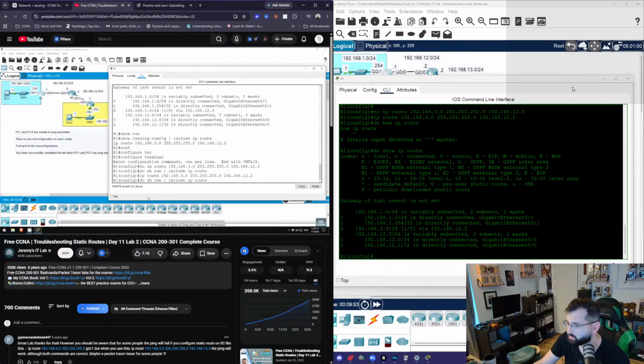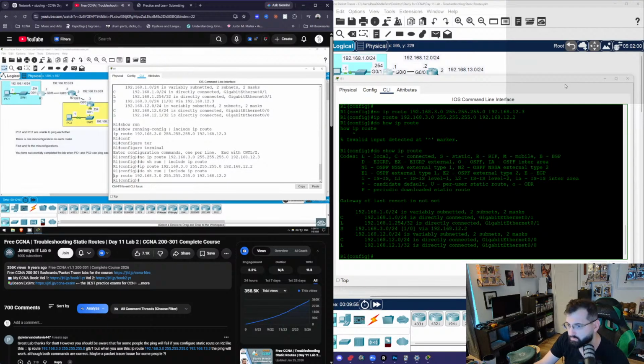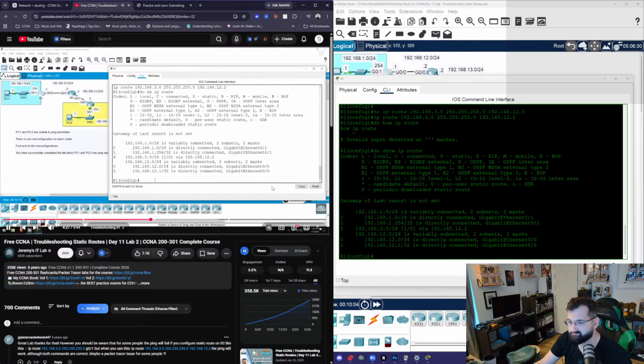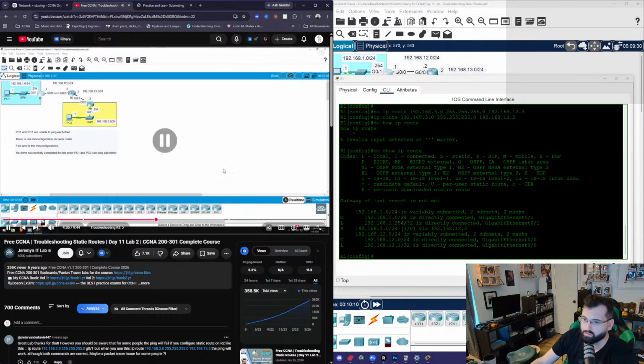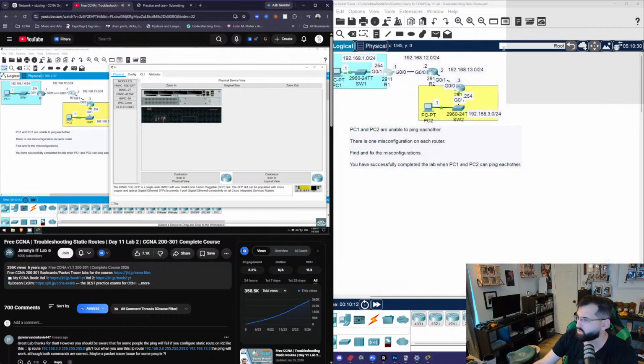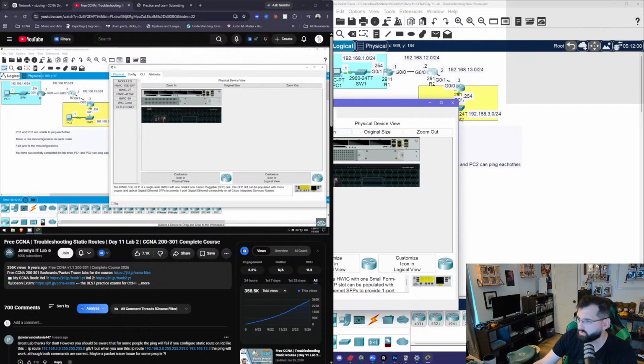Go back to the show running-config command, and now you can see we have the correct configuration statement. Let's check the routing table one last time. Do show ip route. Okay, there's the correct route. So we have fixed the problem on R1. Okay. Now let's move on to R2 and see what's going on with R2.